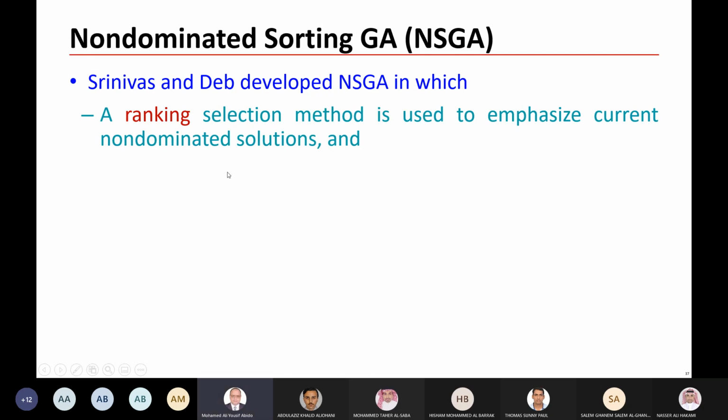starts with the ranking. You rank all the solutions in the population. For example, if you have these solutions, I need to do it in a more professional way.